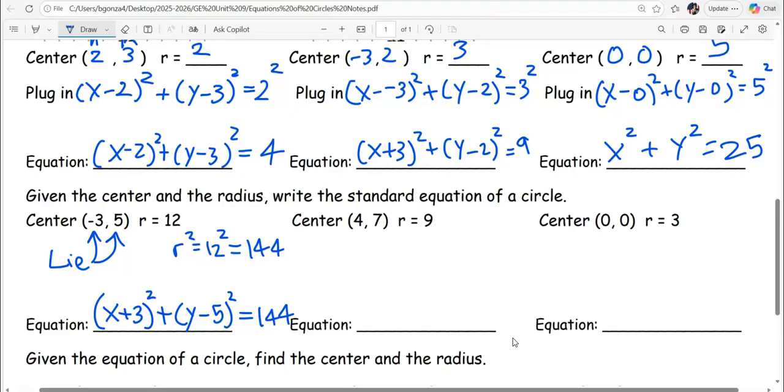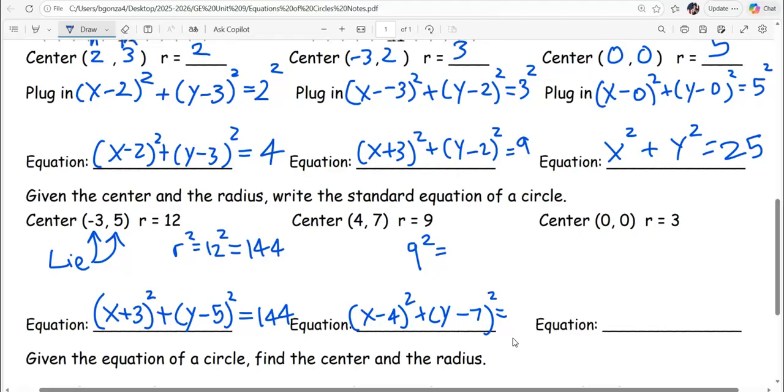4 and 7. Those positives are going to become negative. Should I put 9 here? Should I put 9 squared here?